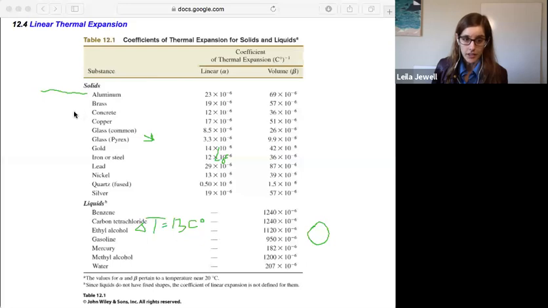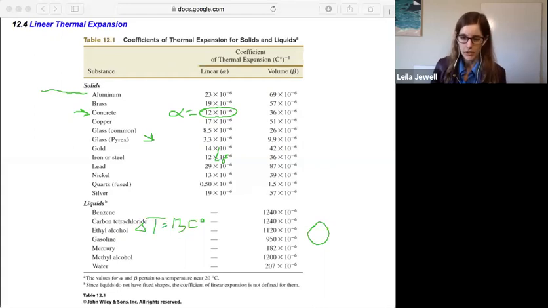They do have concrete. Perfect. So concrete, third one down, so 12 times 10 to the minus 6 inverse Celsius degrees. Perfect. So that fills in our last piece of information, because we now have alpha. So we are in good shape that we can get the change in length.